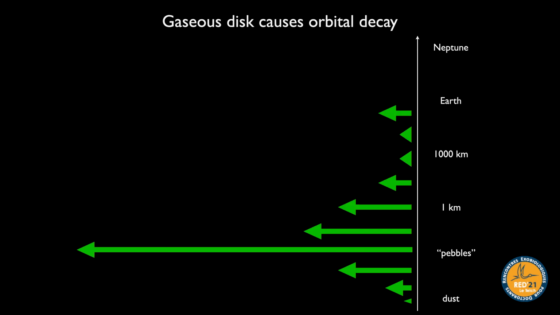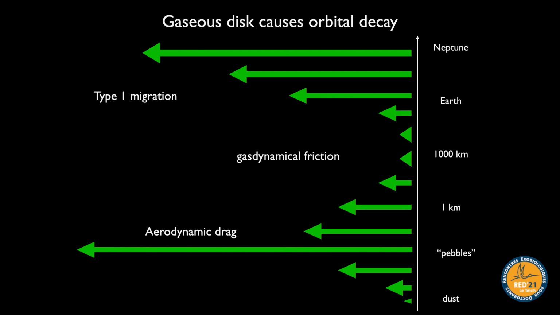And large things can go inward because of migration. And in between, things don't go that far, or that fast, I should say. And so the typical size scales where we think processes make objects spiral in quickly are things at pebble size and objects that are more or less as big as Earth or so. And so that's why there are these two models at either small sizes or big sizes and not everything in between. At least we don't think so.